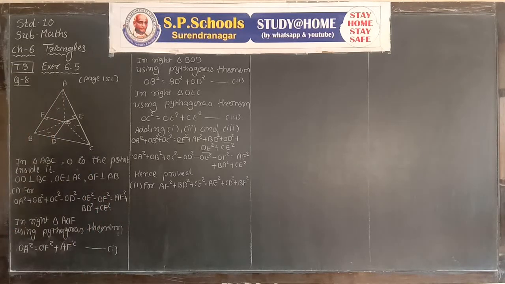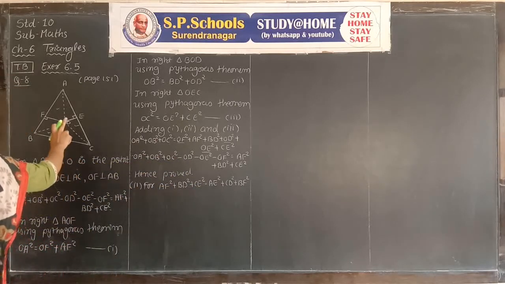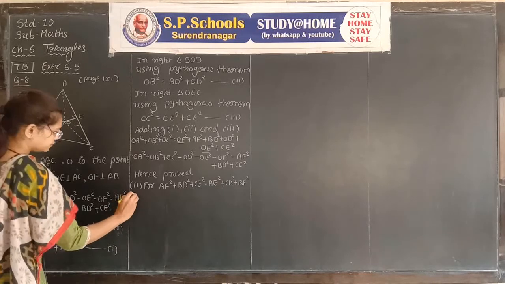First of all, apply the Pythagoras theorem in the right triangle. We require AE and AF. Use AOE.